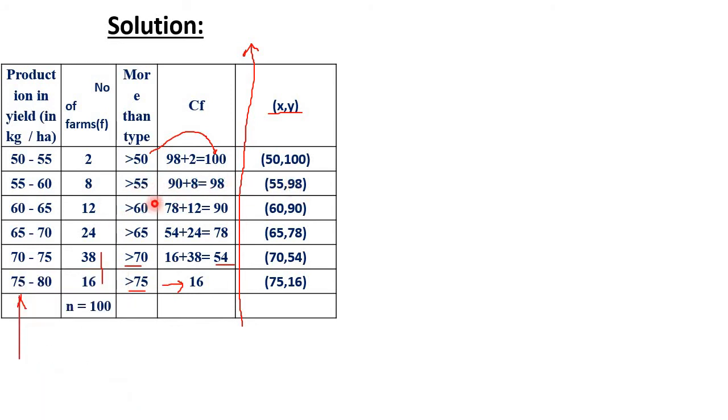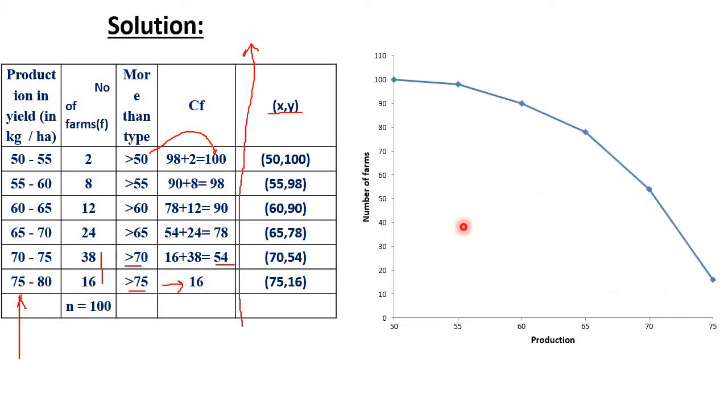Then 60, 90. Then 65, 78. 70, 54. 75, 16. These are the coordinates. This lower limit must be taken along the x-axis, and the cumulative frequency is taken along the y-axis. Let us draw the graph.